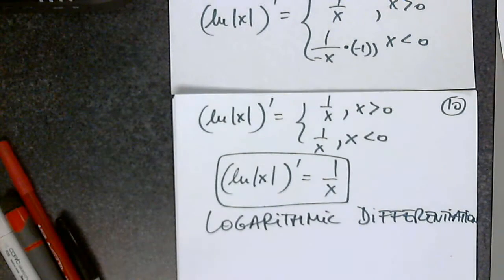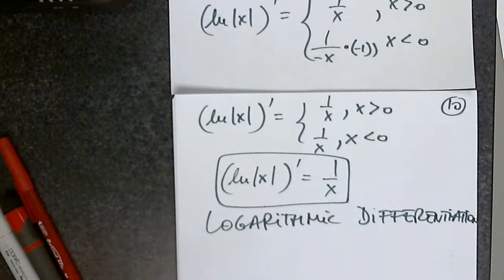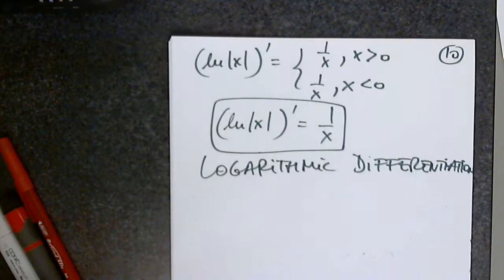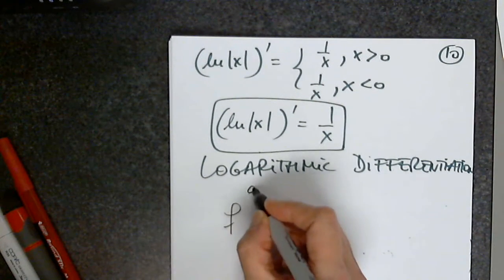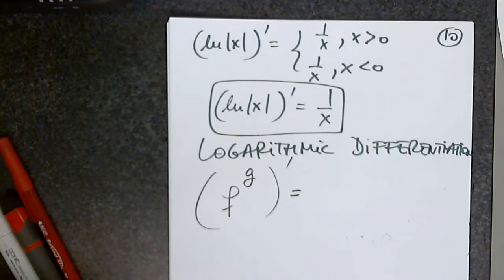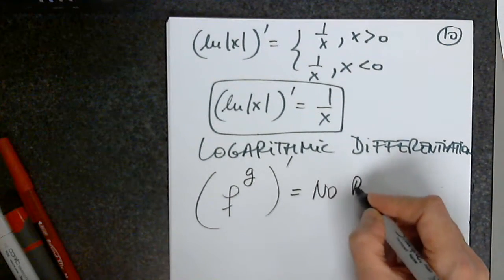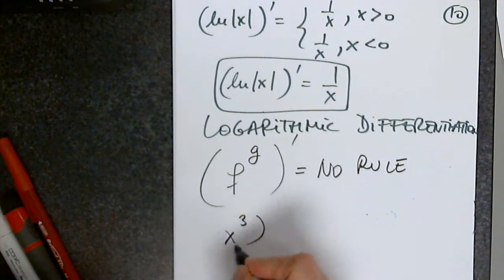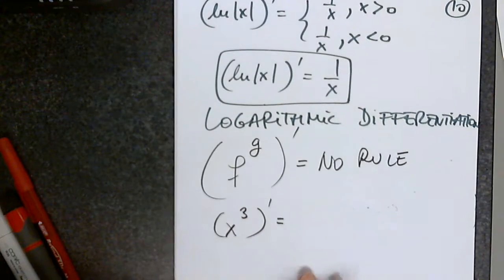So we had implicit differentiation, now we have logarithmic differentiation. What is that, and why do I need it? It's because when I want to differentiate this, I cannot. No rule. I can differentiate x to the third, which is 3x squared.